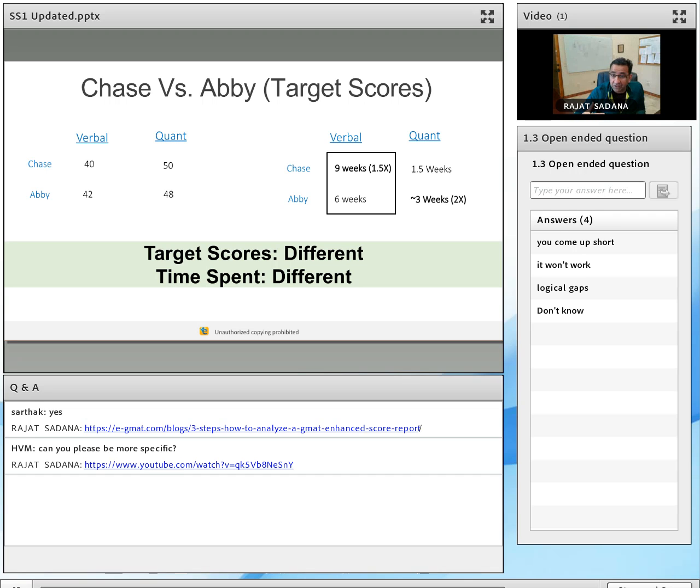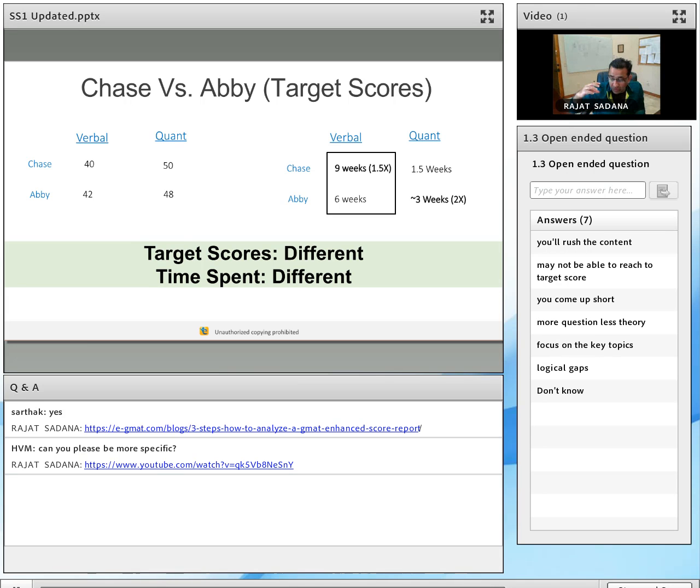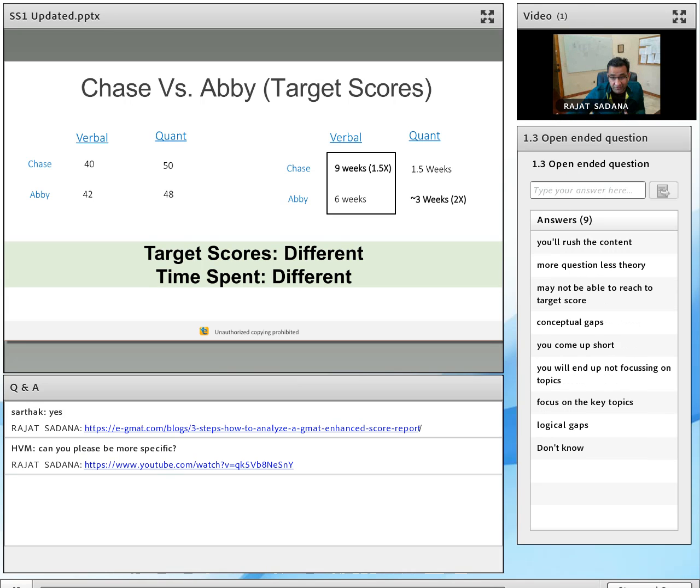Why? Because you start to rush through content. You are focused on the clock, and when you rush through the content, you don't focus on understanding. When you don't excel, you don't hit that percentile.